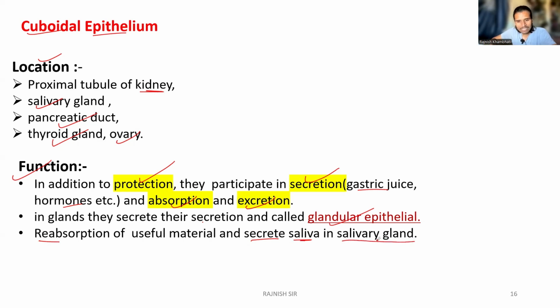For example, the salivary gland secretes saliva. And it is possible because it contains cuboidal epithelial tissue, which is making saliva and then secreting saliva. So this is the function.